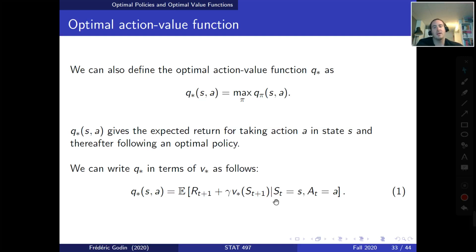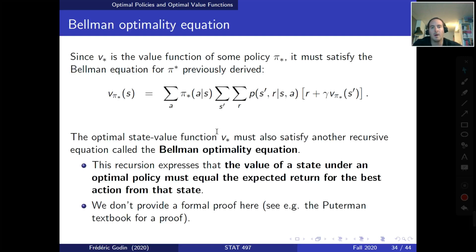This equation we'll use shortly in a few slides and transform it a bit to get a new equation which will become very useful later. So we said that the value function v pi is the value function of some policy pi.